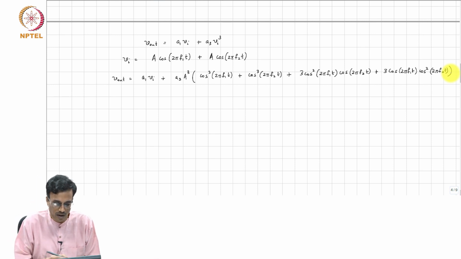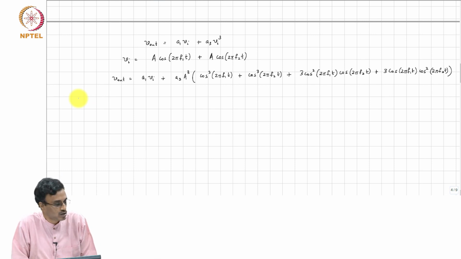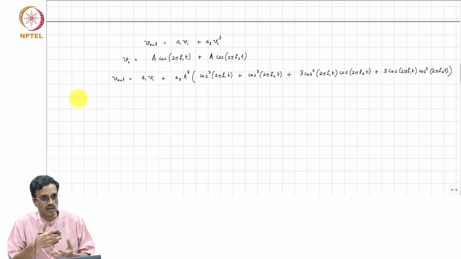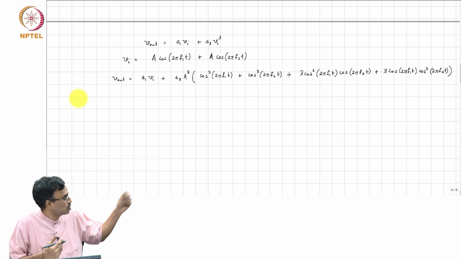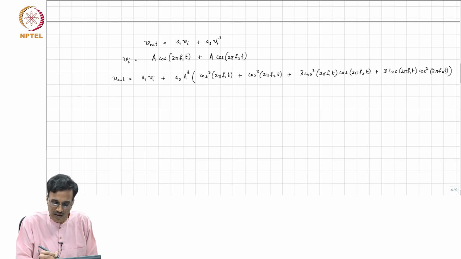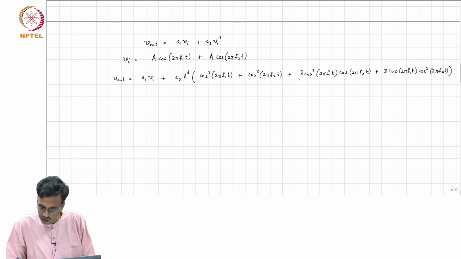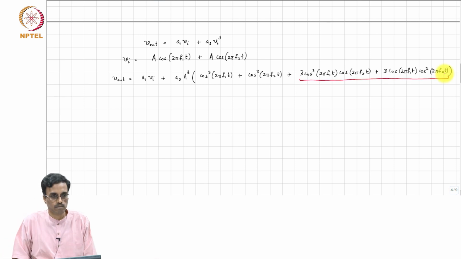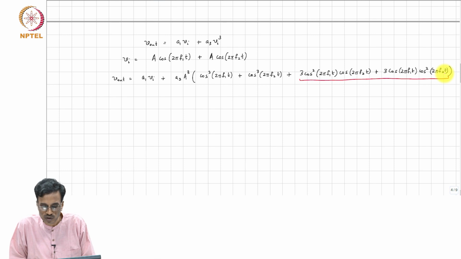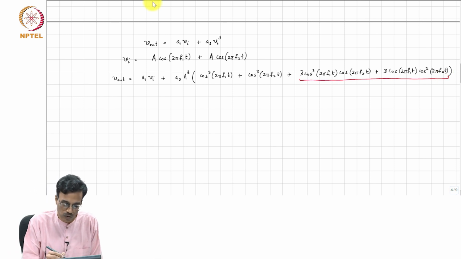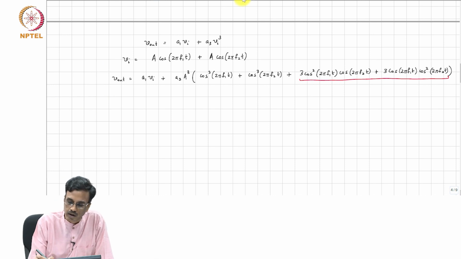And we should also now expect, based on our experience with the second order nonlinearity, that the two tones will interact with each other through that third order term, and these are the cross terms, where the two tones interact with each other through the nonlinearity. So, let us get started.